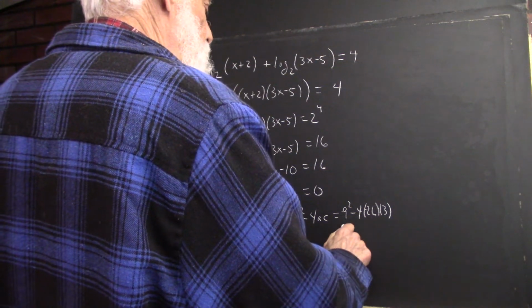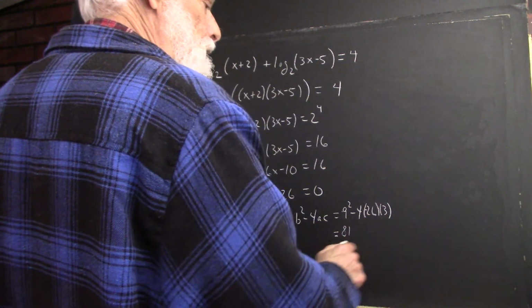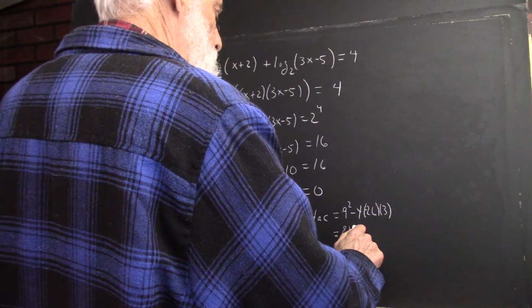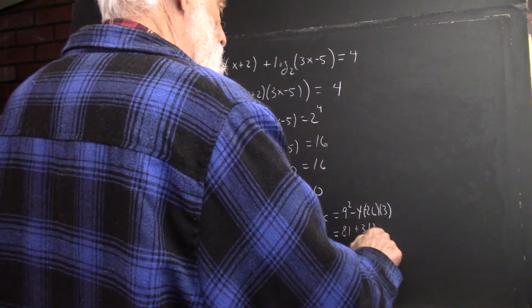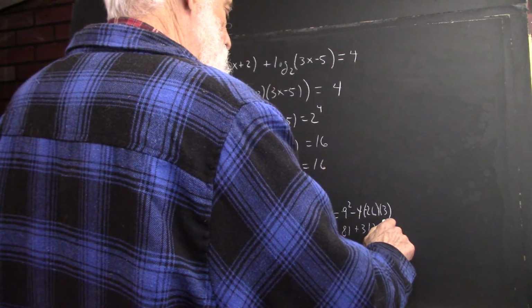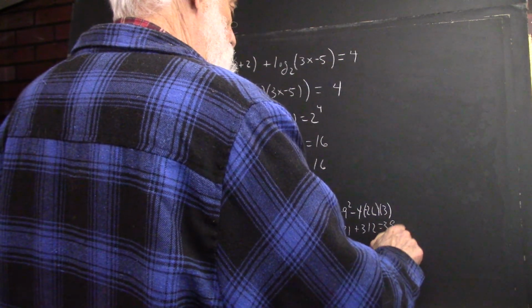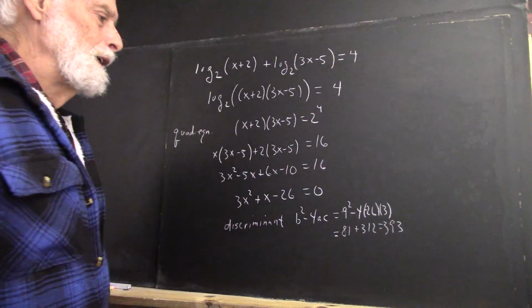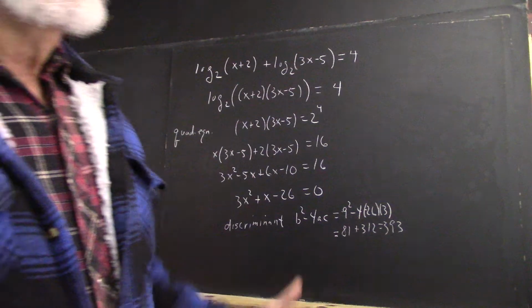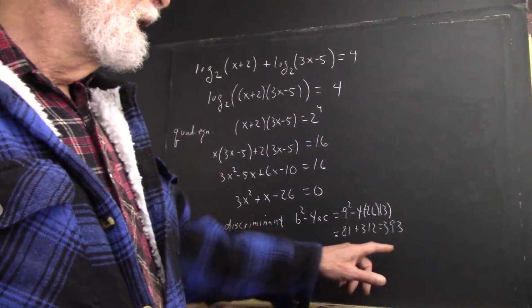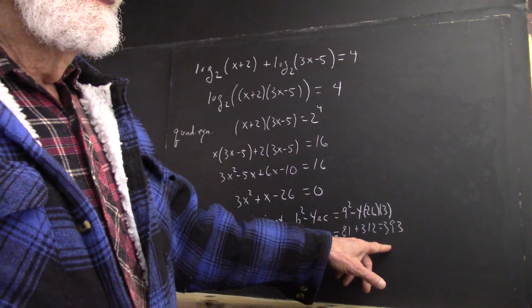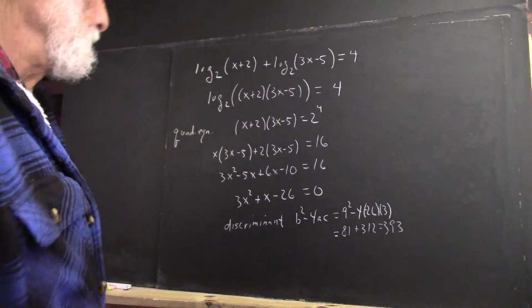That's going to be 1 plus 312, which is 313. Let's see, 400 is a perfect square, 361 is a perfect square. This isn't a perfect square, so you've got to use the quadratic formula.